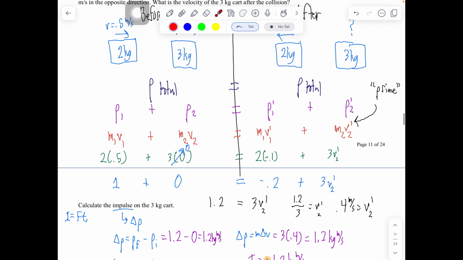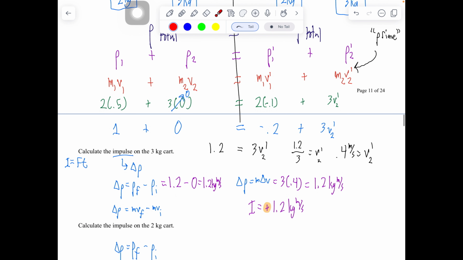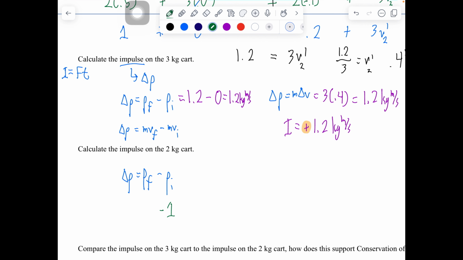Well, we calculated that as well. That's right here with our first object after the collision. Mass of 2, velocity of negative 0.1. This is the momentum of your first object after the collision, negative 0.2. Okay, so your change of momentum, negative 0.2 minus 1, gives you negative 1.2.